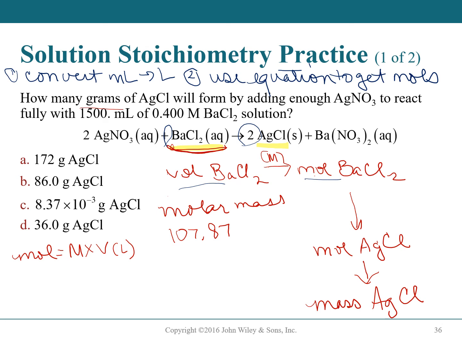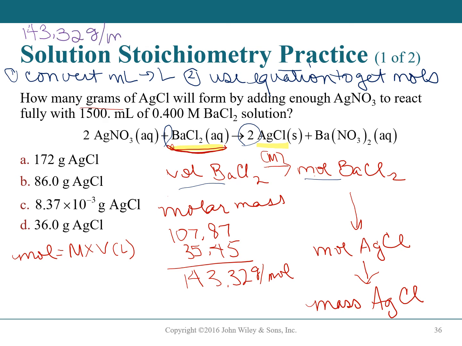And my chloride is 35.45. So for silver chloride, it is 143.32 grams per mole. So let's put this all together. Okay, let me store my molar mass up here, 143.32 grams per mole. That's my molar mass of silver chloride.